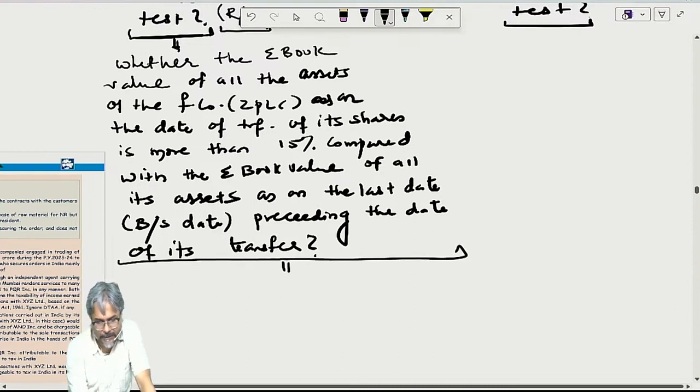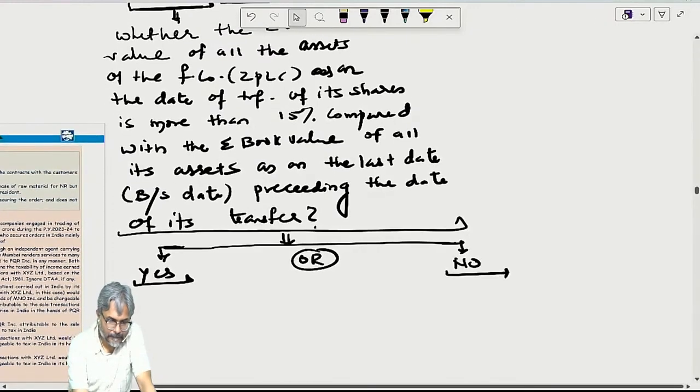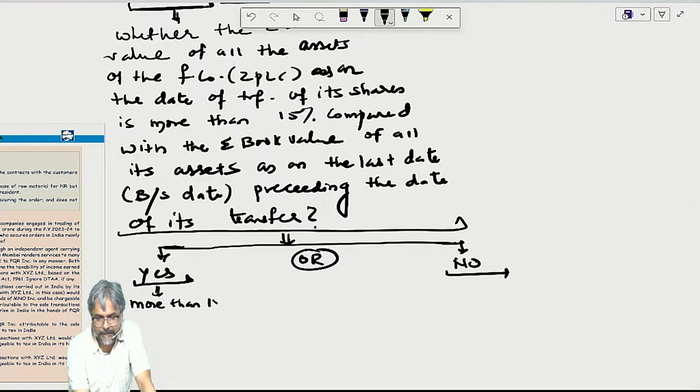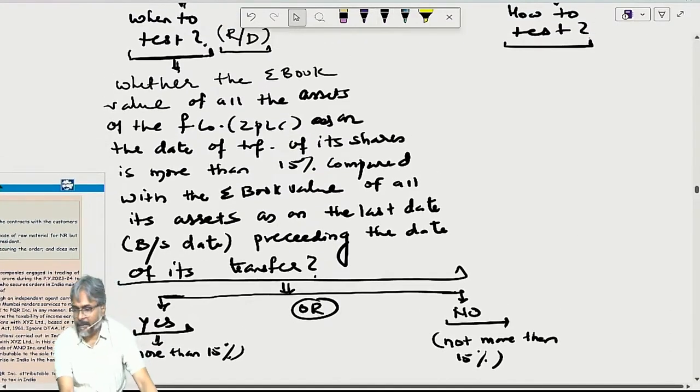The answer to this question can be yes or no. So yes means more than 15%. No means not more than 15%. That is what it will mean. So read this once again, once you have written it.